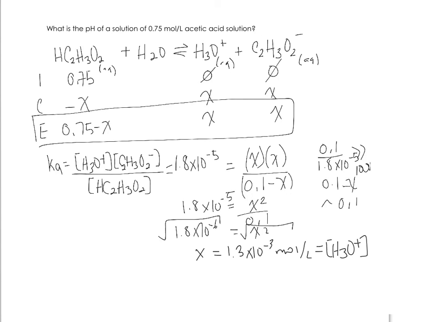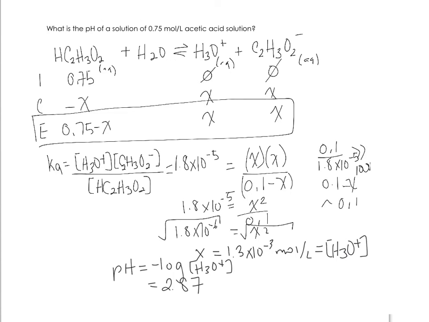So pH is negative log of H3O plus. So the pH is 2.87. So the pH of a 0.75 mole per liter acetic acid solution is 2.87.